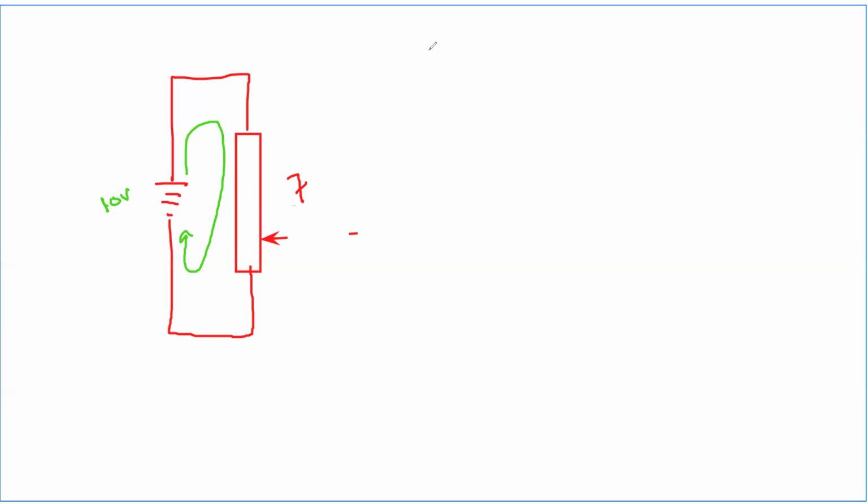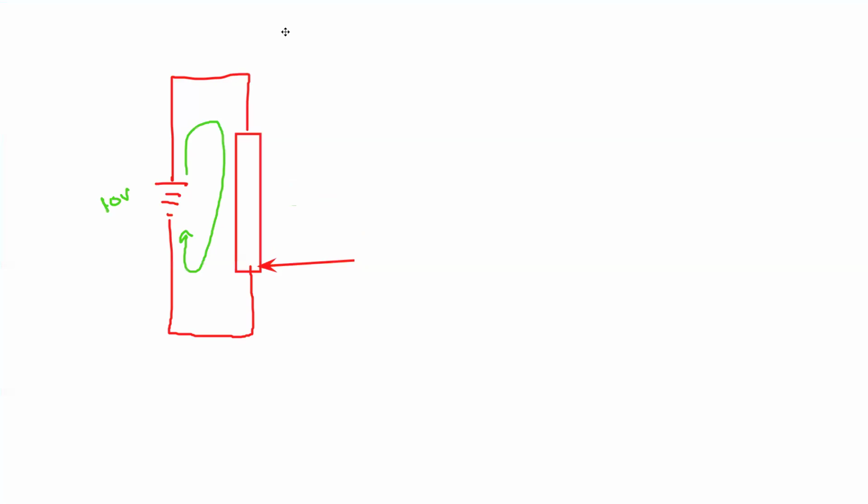And when it is on the other end, what will happen? The total voltage here will be 10 and the total voltage here will be 0. So if we have any component connected here, that component's voltage can vary from the maximum to the minimum of 0. That is what happens in a potentiometer.